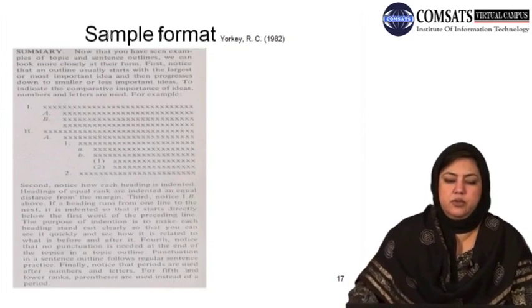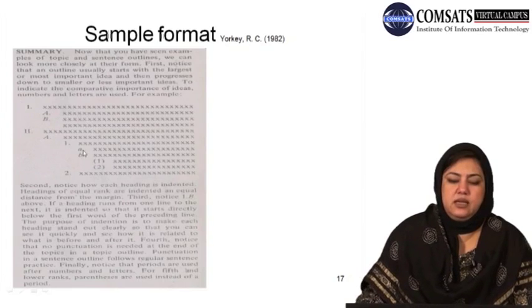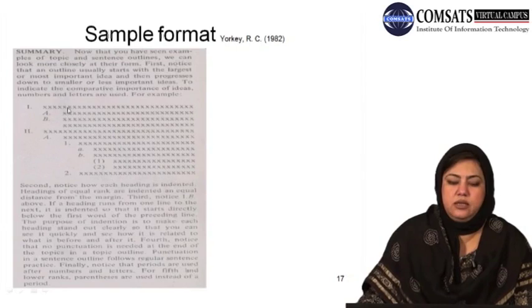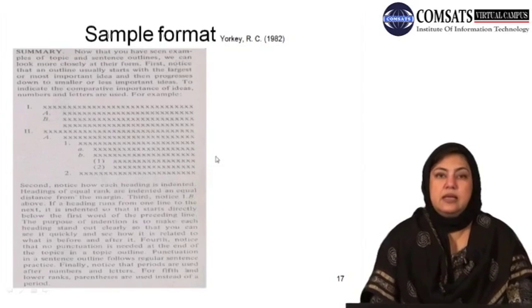For example, here you can see most important, then less important, and within these even lesser important. Within these, if there are further sub ideas, you can see how gradually the indent is used to show the less importance of each idea that follows.